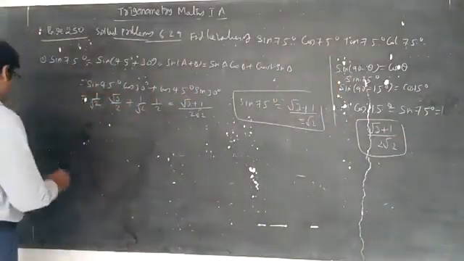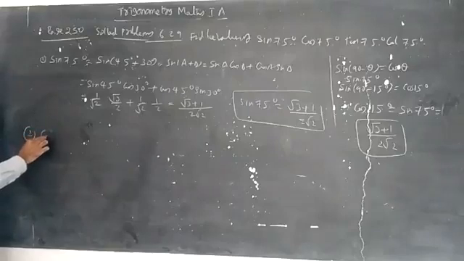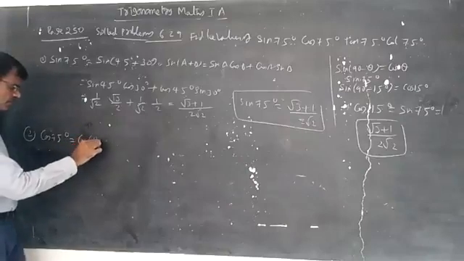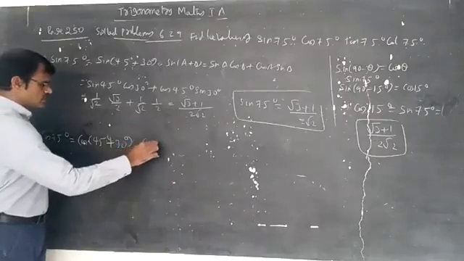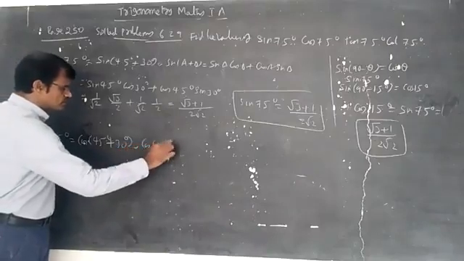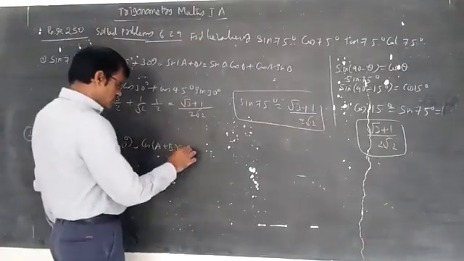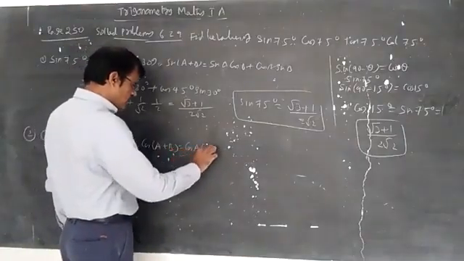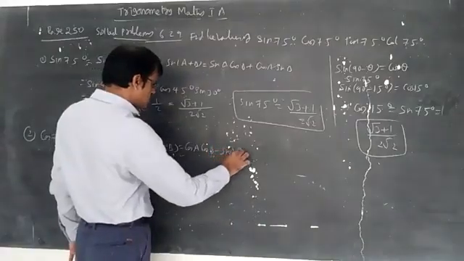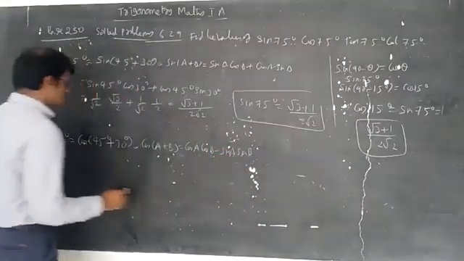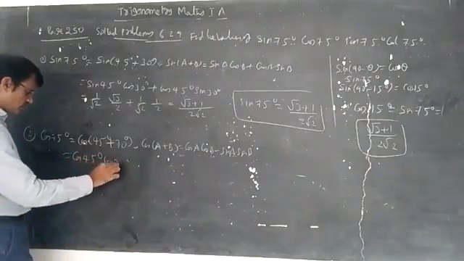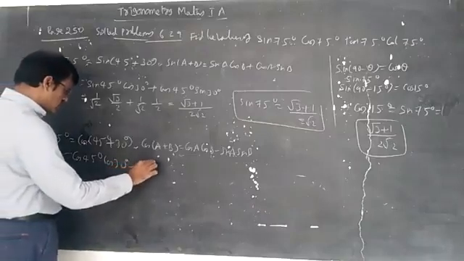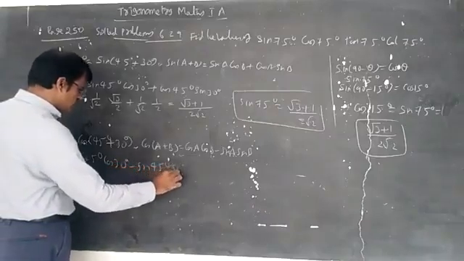Now, the second one is discussing cos 75. Cos 75 you write as cos of (45 plus 30). Keep that aside and write the formula for cos(a plus b): cos a cos b minus sin a sin b. Write here cos 45 into cos 30 minus sin 45 into sin 30.